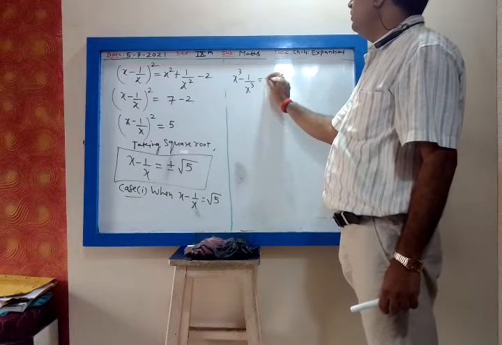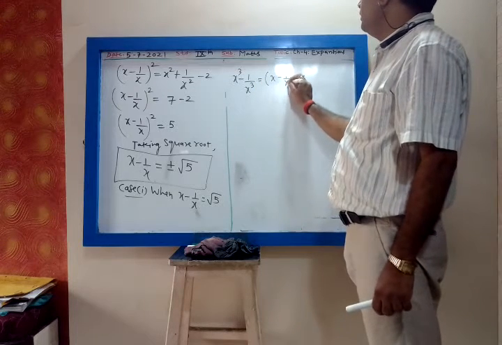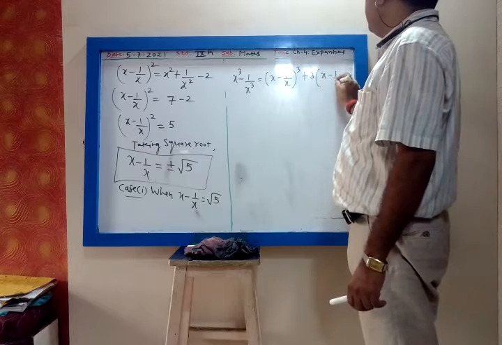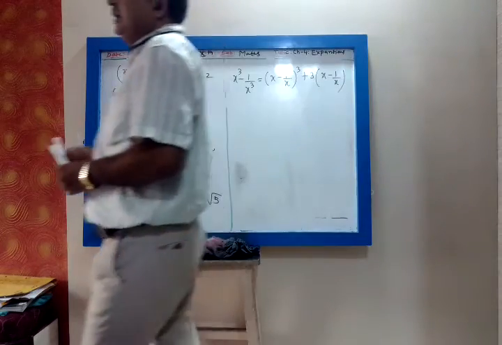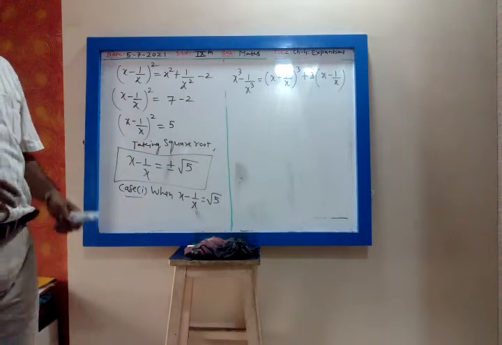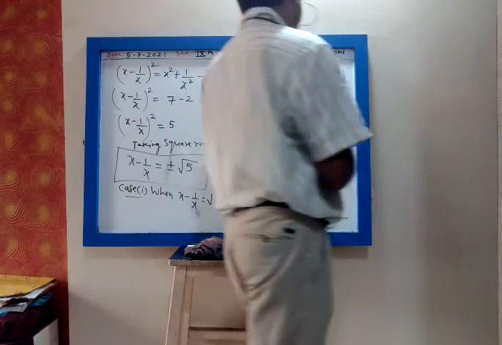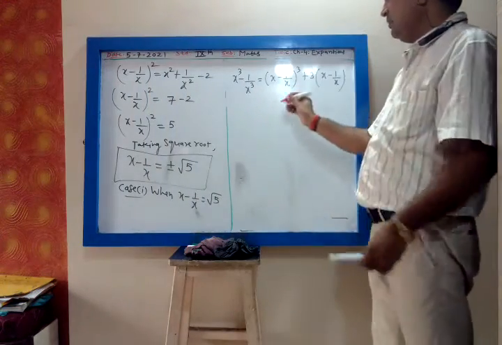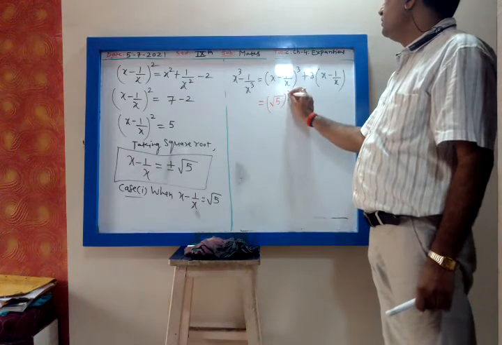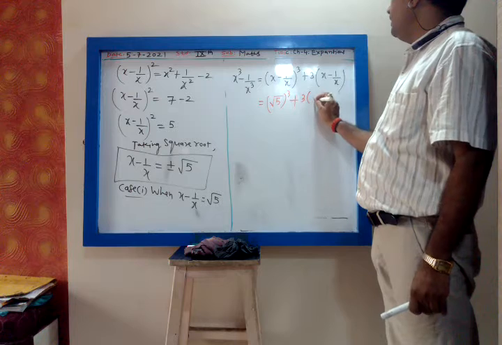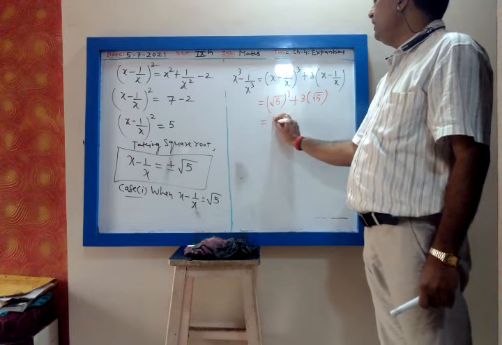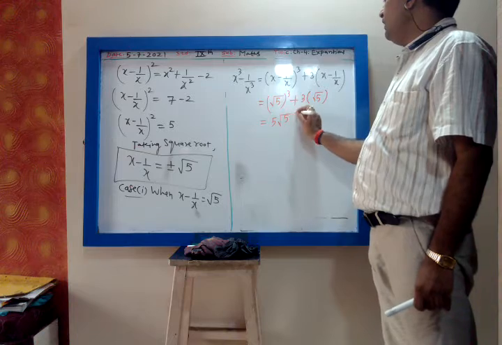A cube minus b cube is a minus b whole cube plus 3ab into bracket a minus b, that is x minus 1 upon x whole cube plus 3 into x minus 1 upon x. X minus 1 upon x is root 5, so that is root 5 cube plus 3 into root 5. What is root 5 cube? Root 5, root 5, root 5, 5 root 5. So 5 root 5 plus 3 root 5.